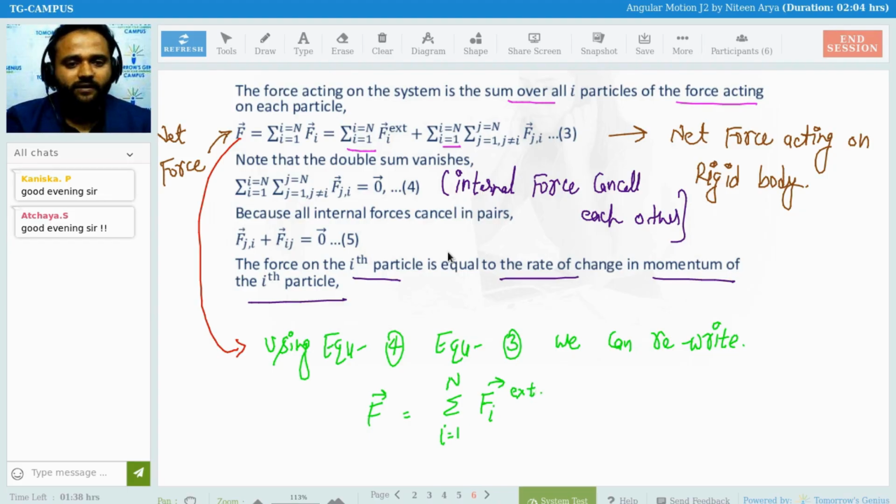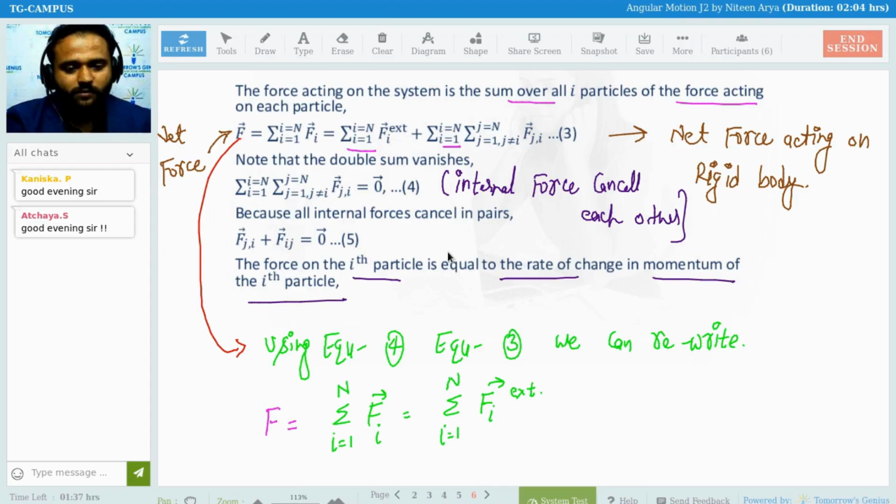Clear? Or you can say simply summation i equals 1 to n, and then this is the net force.